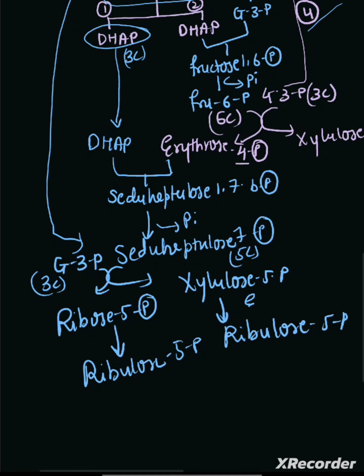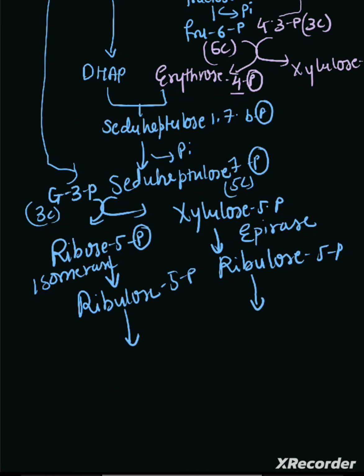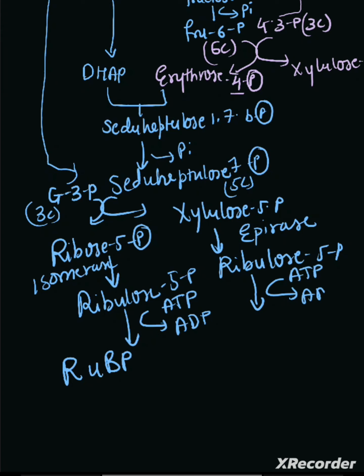Here it is epimerase enzyme, while here it is isomerase, so isomerase enzyme will be used. So from this ribulose 5-phosphate, what I can derive is ribulose 1,5 bisphosphate by using one ATP here, and using another ATP here, I'll get another RuBP formed.